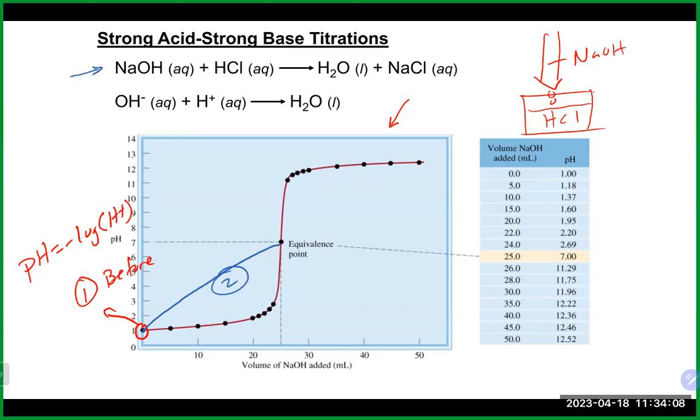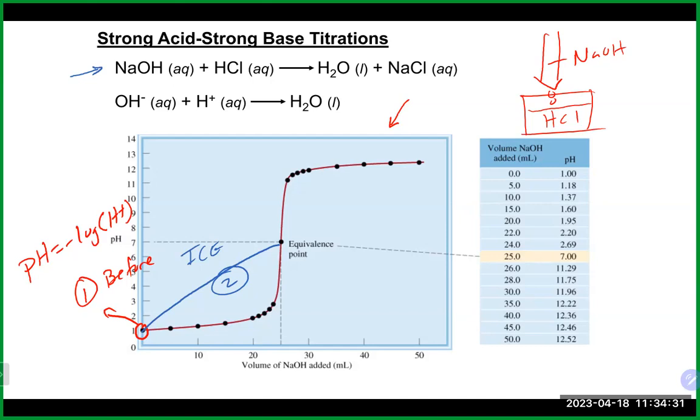Because we are adding volume, and whenever we add volume to another volume, the molarity of those solutions changes but the moles basically stay the same. So in this region you need to do an ice table, and that ice table needs to be done in moles.